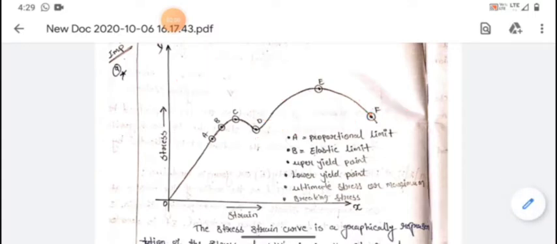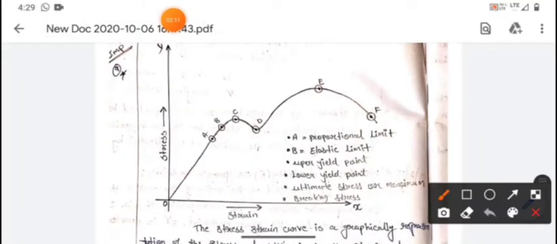Now, how will the curve start? First of all, it starts from this zero point. As the load starts increasing, the point A is called the proportional limit.